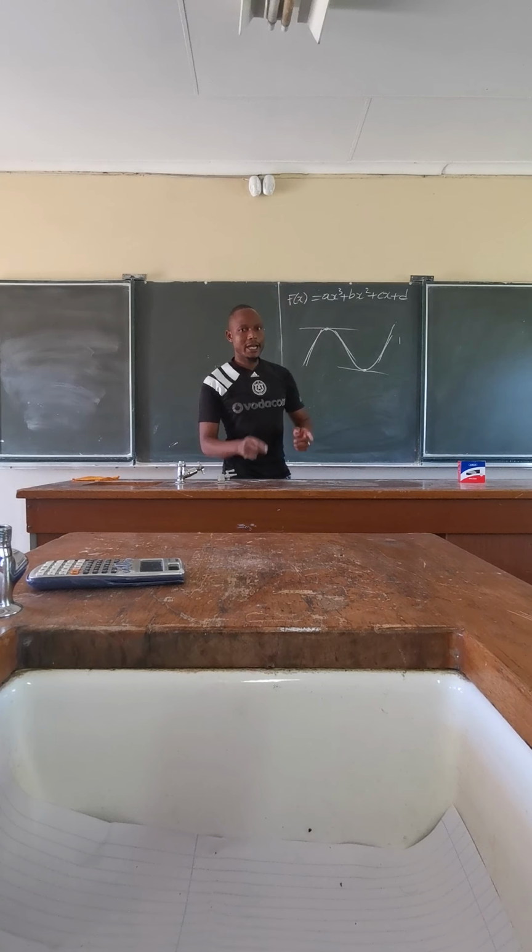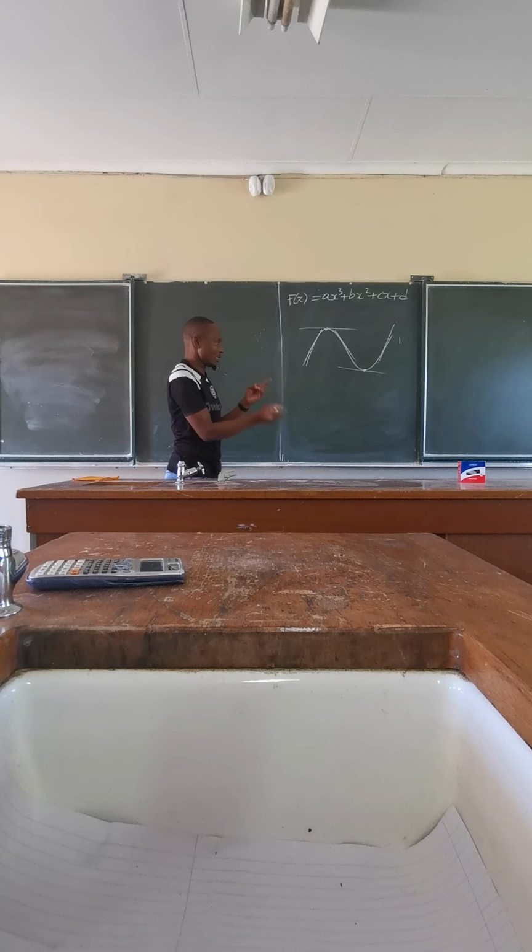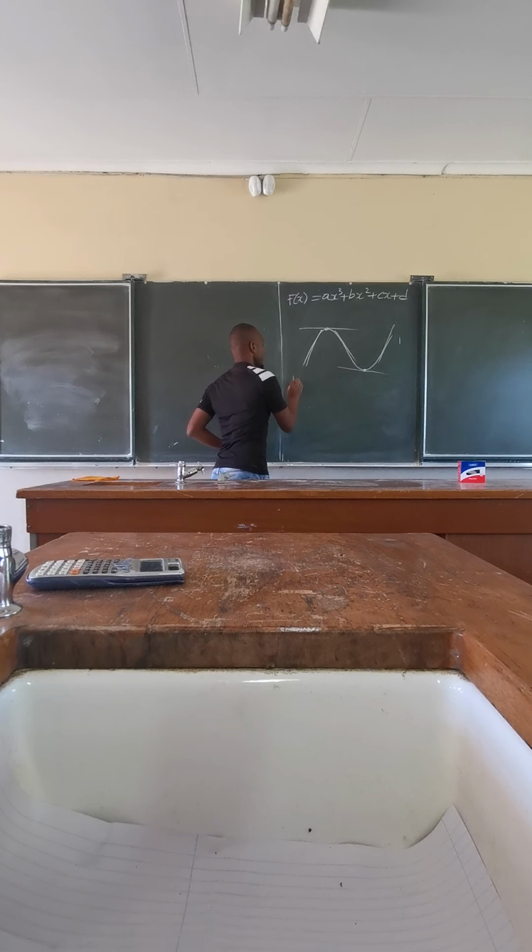Remember, the derivative of a function is equal to the gradient of the tangent to the curve at any given point. Now, at the turning point, the gradient is 0. We've just shown that. So the gradient is equal to the derivative, which means the derivative is 0 at the turning point.